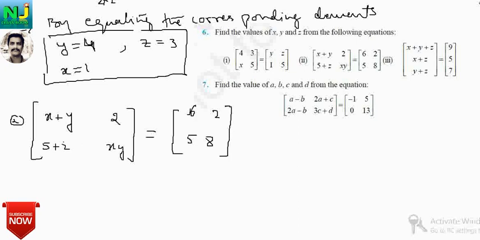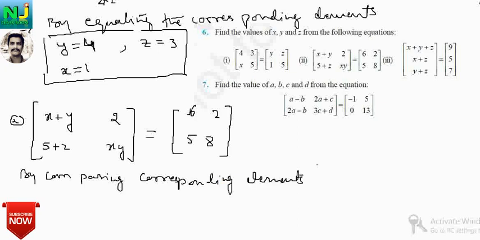Look at here. So by comparing the corresponding elements, what do you get? First element is x plus y is equal to 6. One equation you get.